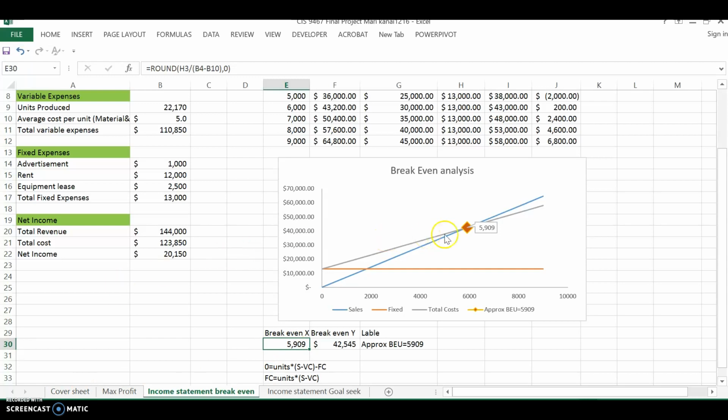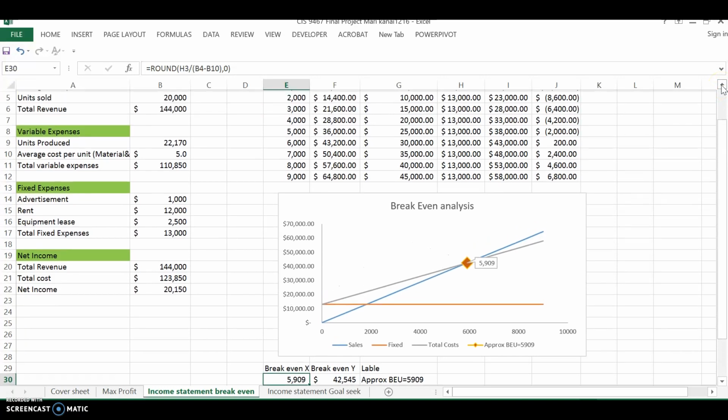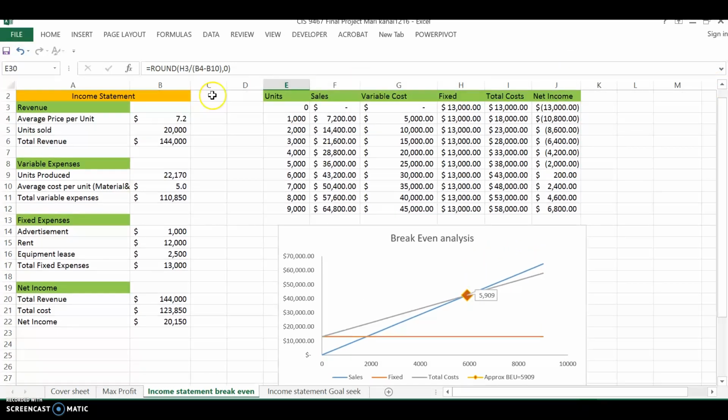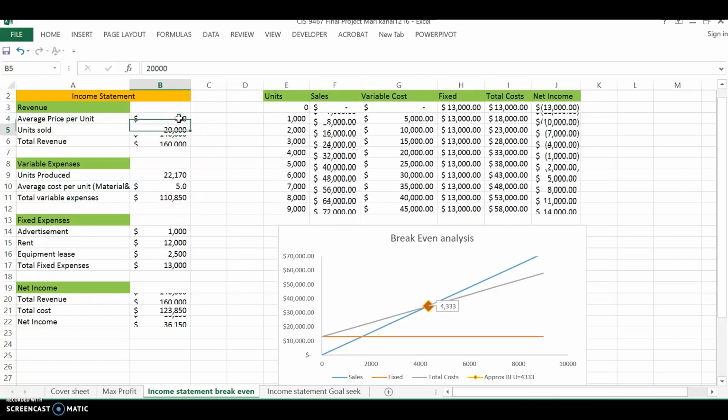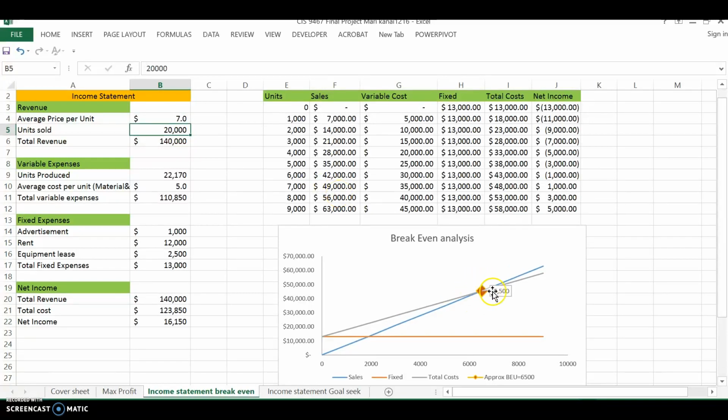I created a dynamic break-even chart. We can see if I increase the sales price to $8, the amount decreased. If I decrease the price to $7, the amount increased. So it can move around.